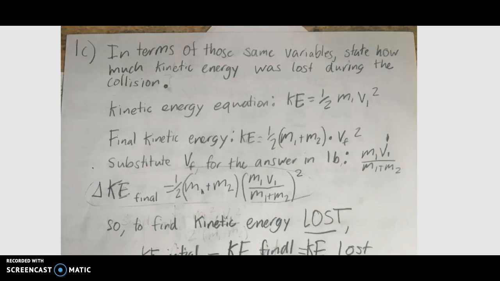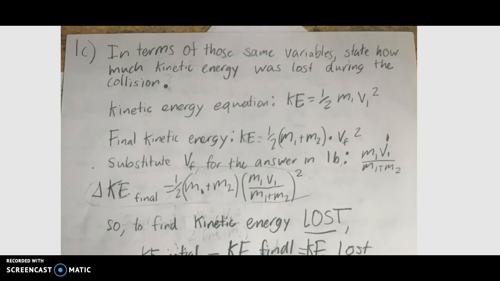The kinetic energy before the collision is 1/2 m1 times v1 squared. The final kinetic energy, after the collision has taken place, is KE equals 1/2 m1 plus m2 times vf squared.